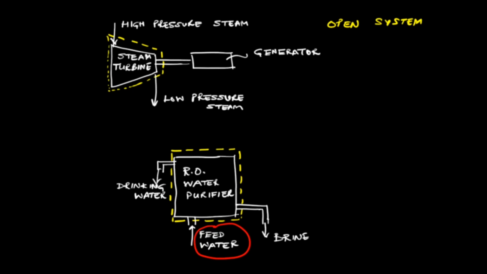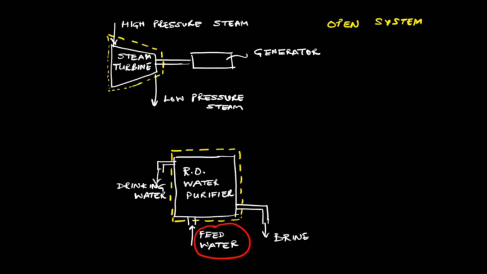One is the drinking water, which has less salt content, and another is brine, which has higher salt content. So you can see that there is mass transfer across the system boundaries. This is also an open system, and we have to analyze this using the control volume.